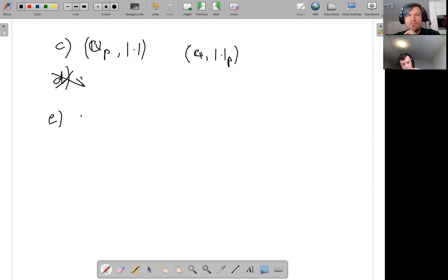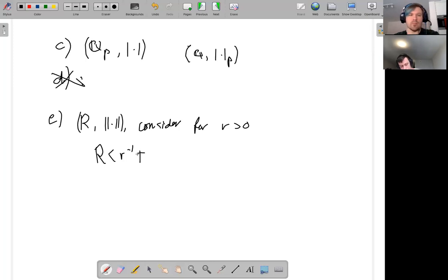We start from a Banach ring, and we consider, for some r positive, the ring of convergent power series, of power series on a ring that converge on a disk of radius r.